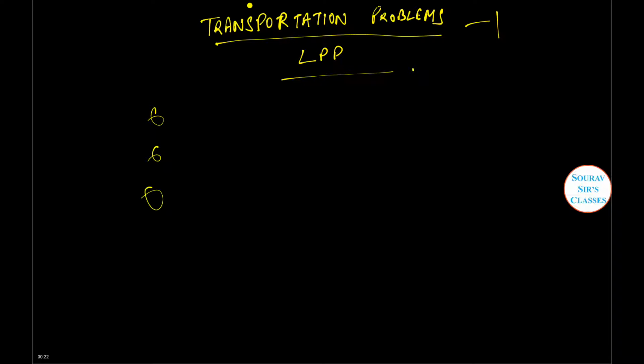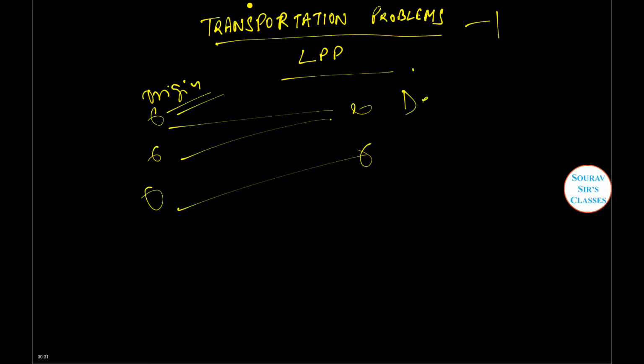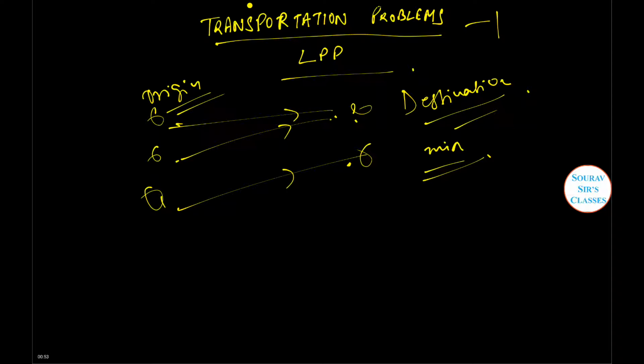That is, if these are the origins and these are the destinations, we are transporting to various origins to different destinations in such a way that the total transportation cost is minimum. That is, the cost of sending this item to there, this item to there, this item to there is minimum.